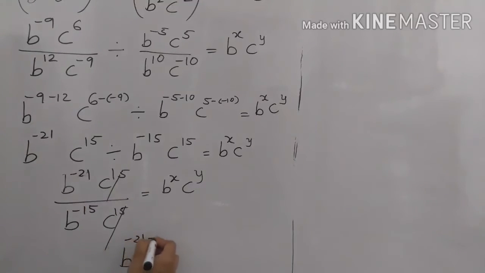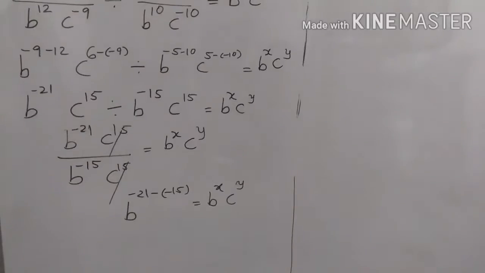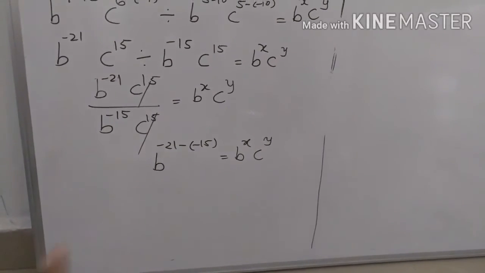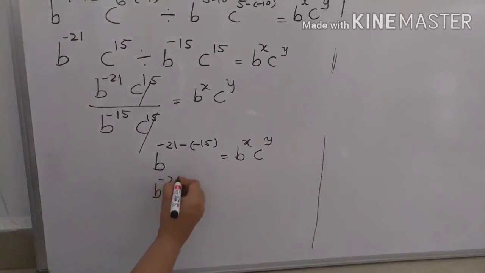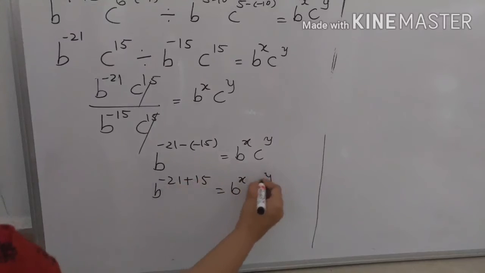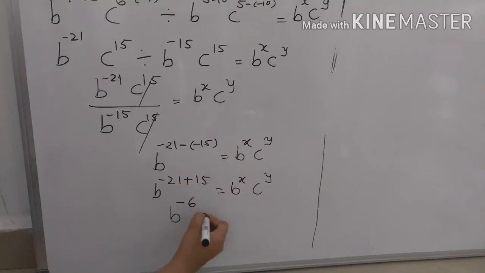So minus 21 minus of minus 15 is equal to b raised to x, c raised to y. The right hand side will remain the same. So now in the next step we have b raised to minus 21 plus 15 is equal to b raised to x, c raised to y. So this is minus 21 plus 15, which is minus 6, equal to b raised to x, c raised to y.